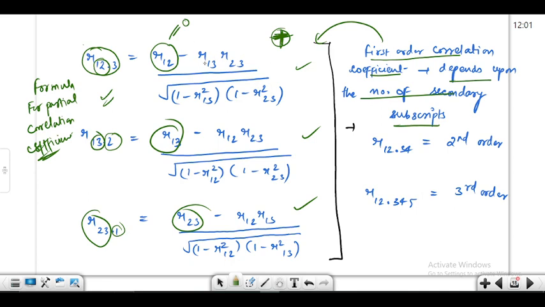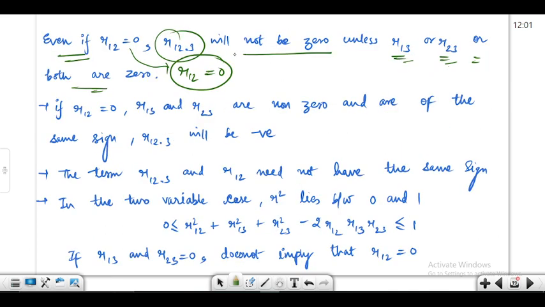If this is equal to 0 and r13 and r23 are of the same sign, then r12.3 will be negative, right? This is basically the use of the formula, and you can always get around these things by looking at the formula, and that is why I think the formula memorization will be important for you.